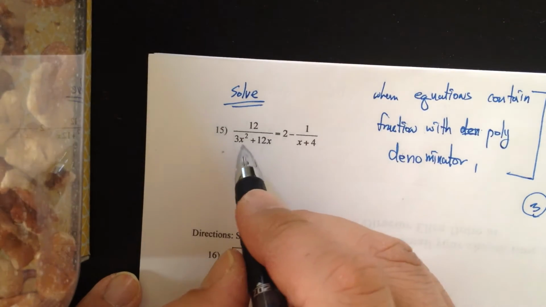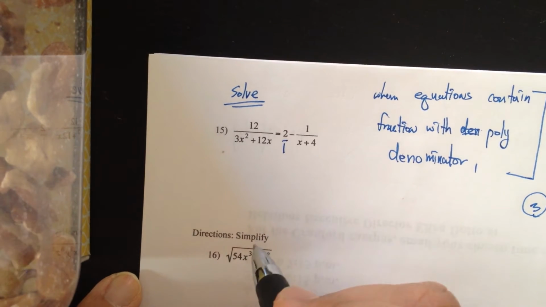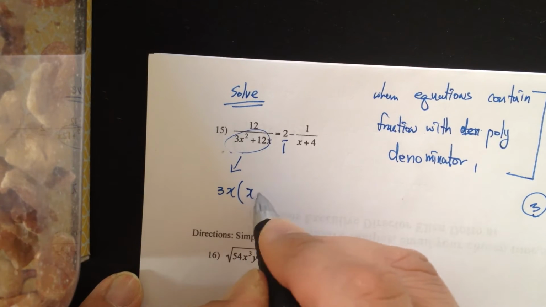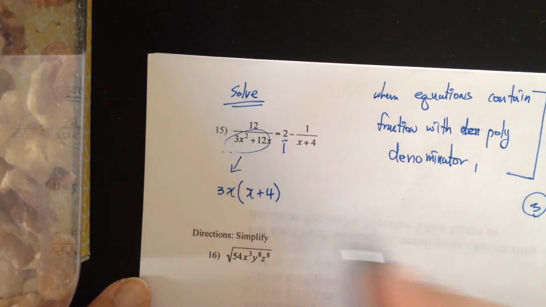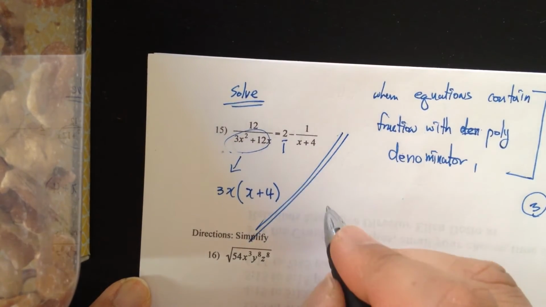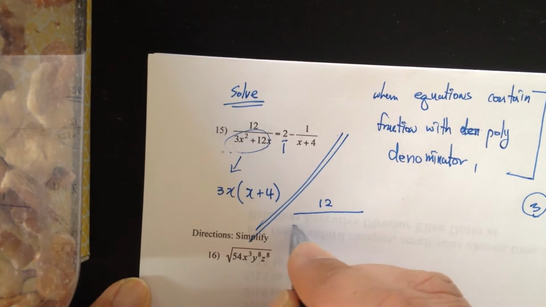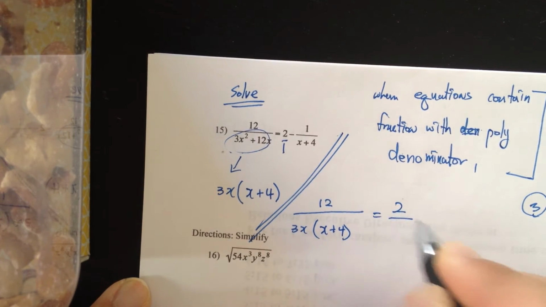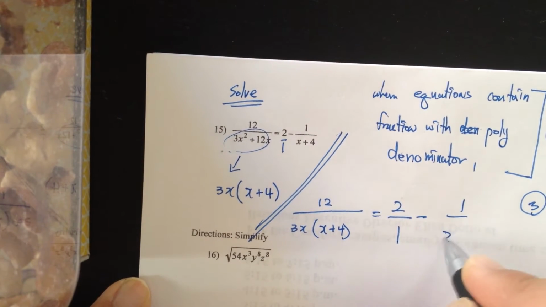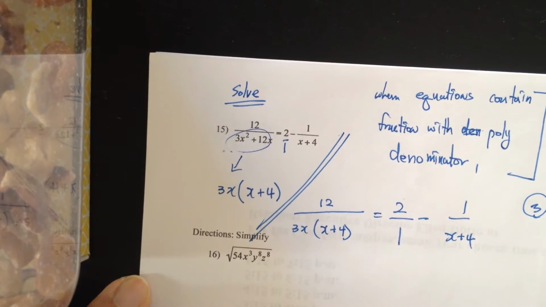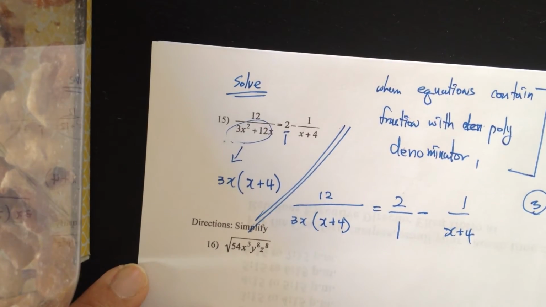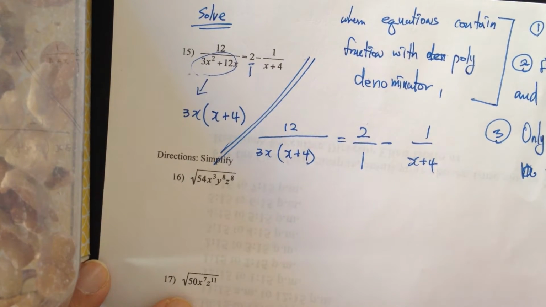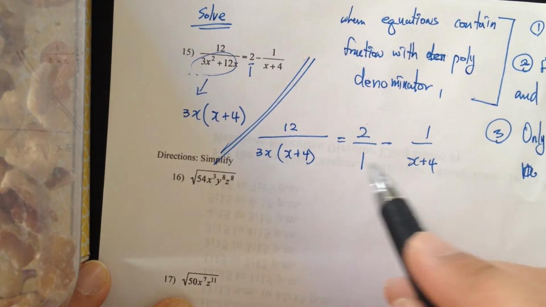So the first thing here I'm going to do is this is over 1. And this I'm going to factor. So here this is what we got. Now, as you know, we have to now find the LCD.